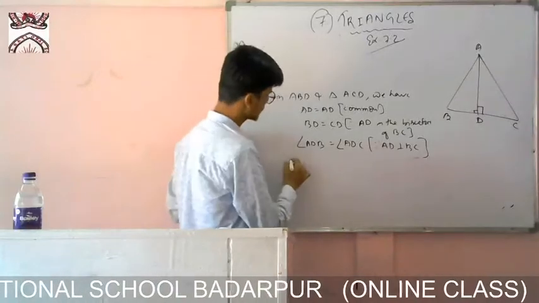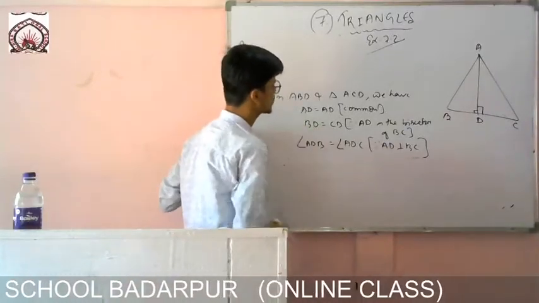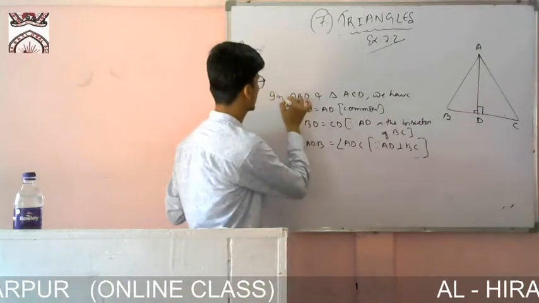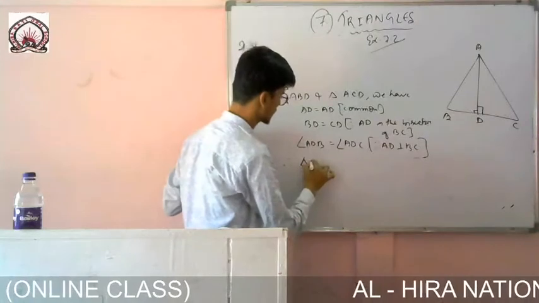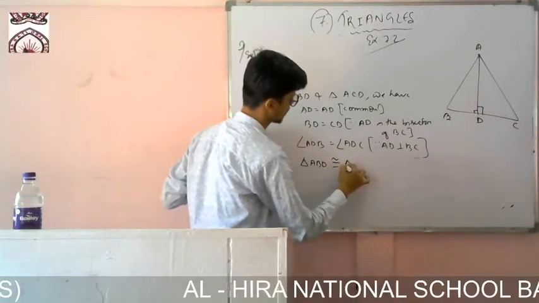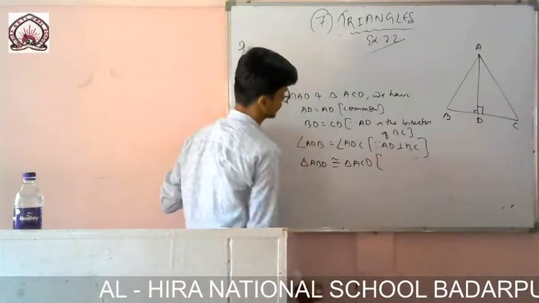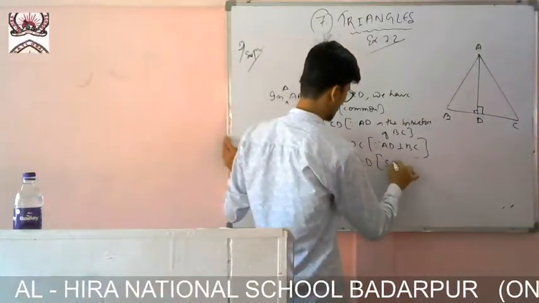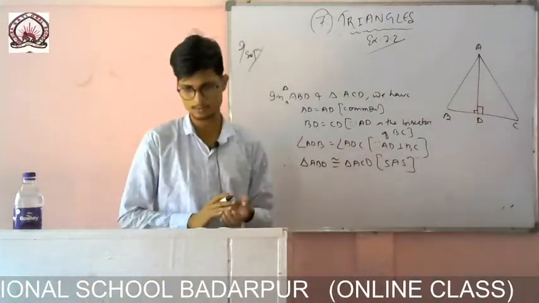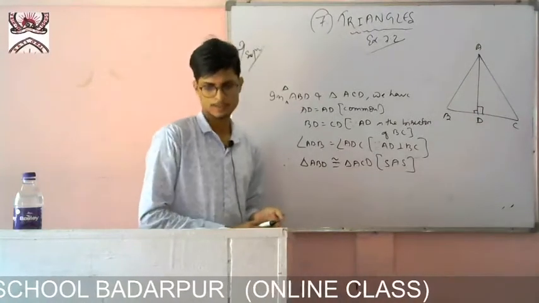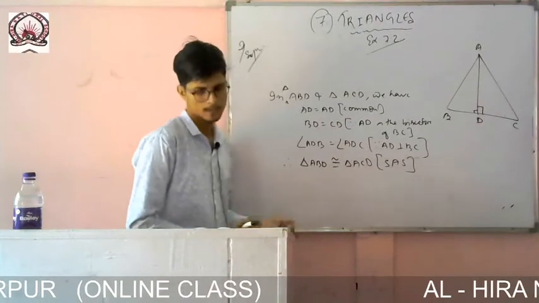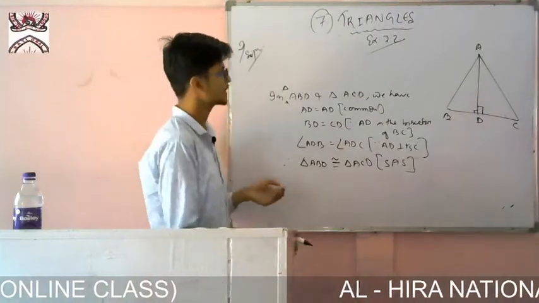So I can say that these two triangles are congruent because they have two sides and one angle equal. So triangle ABD is congruent to triangle ACD, and the postulate used here is side angle side, SAS. By SAS we have proved that triangle ABD is congruent to triangle ACD. So AB is equal to AC, because corresponding parts of congruent triangles are equal.